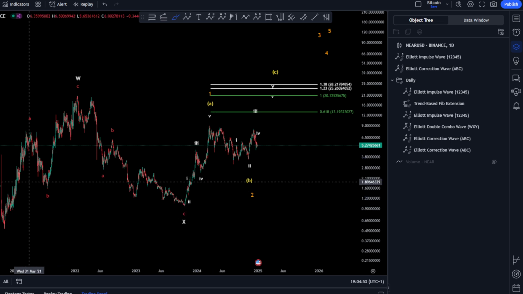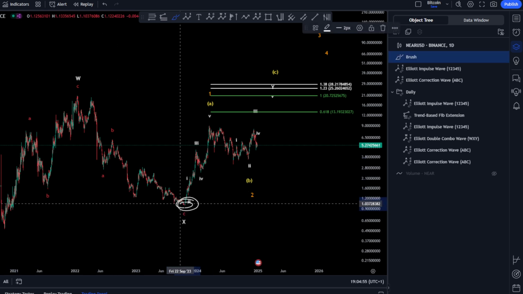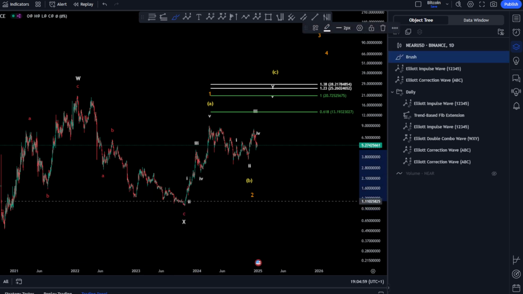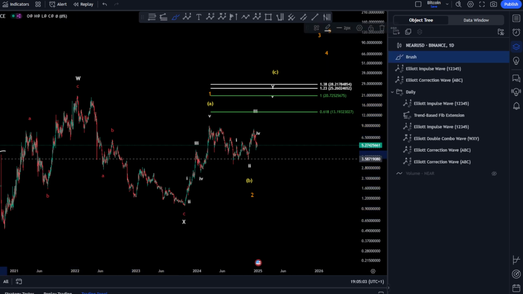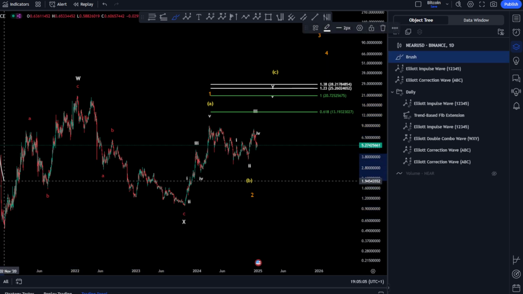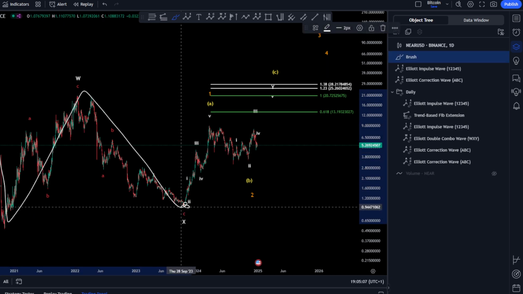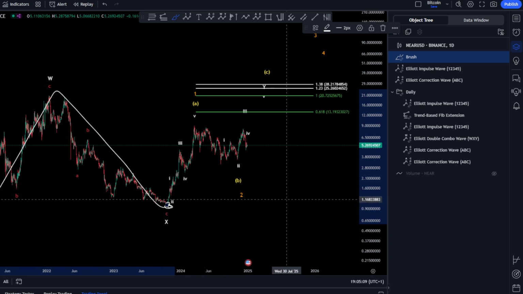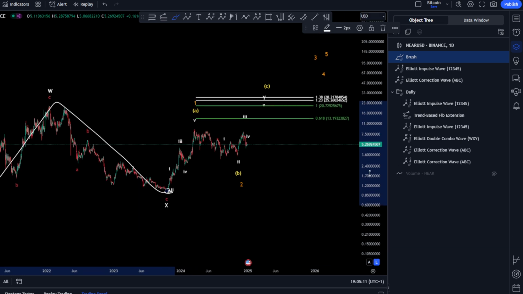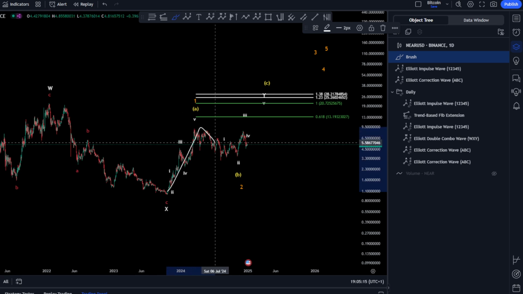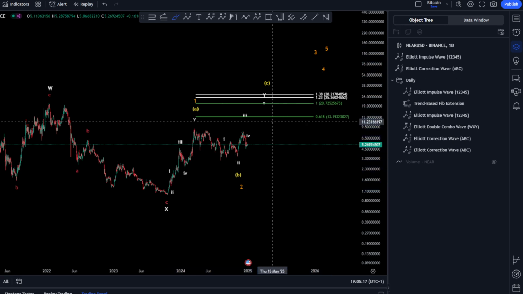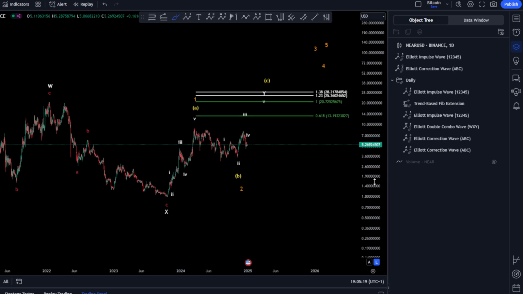The first one is that we have finished a structure here, say A, B, C running flat, probably if we want to take this wick here, starting with A, B, and a C, and then finish the structure here. Therefore, the scenario opens for an impulse toward the upside, which can be 1, 2, and then 3, 4, 5, a continuation towards the upside.